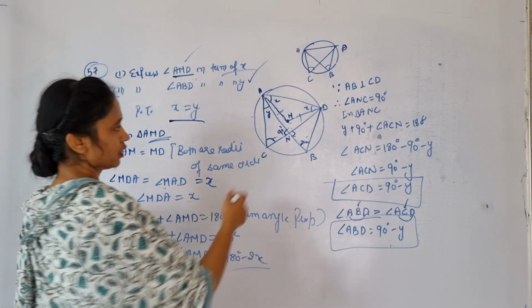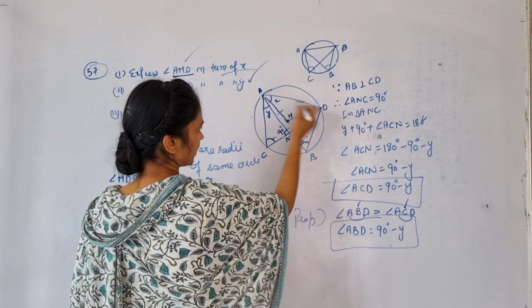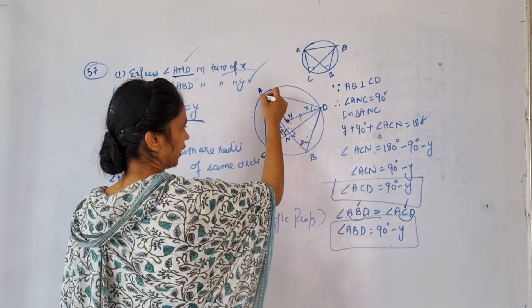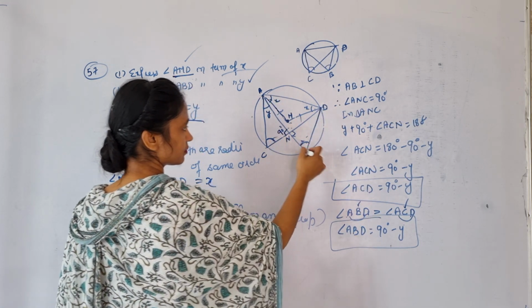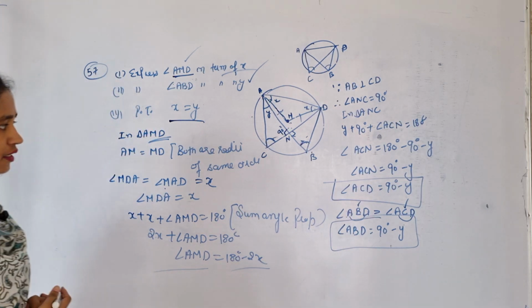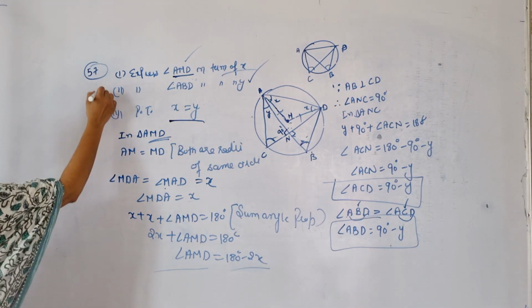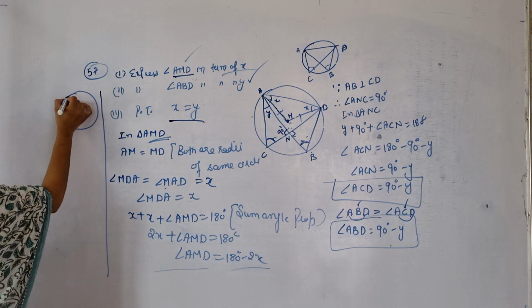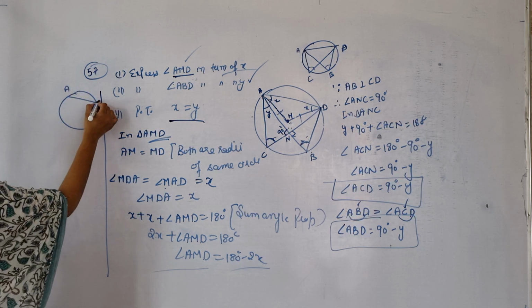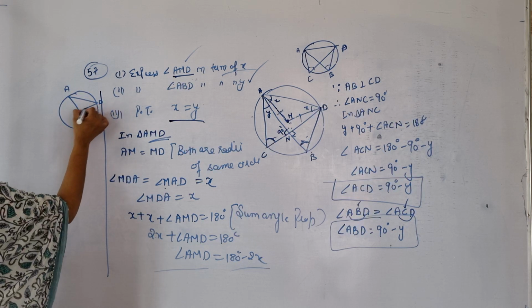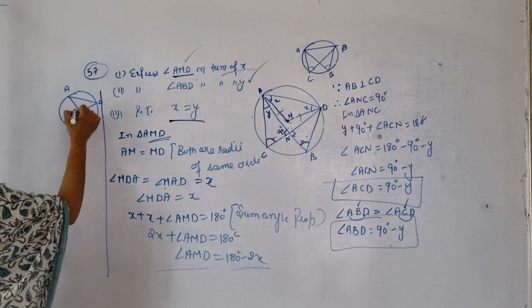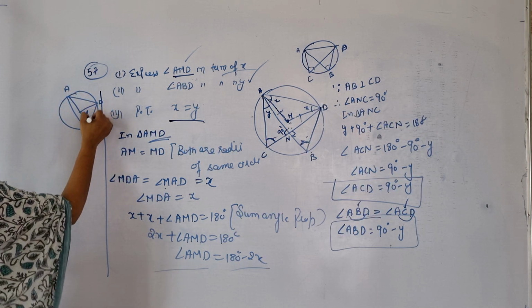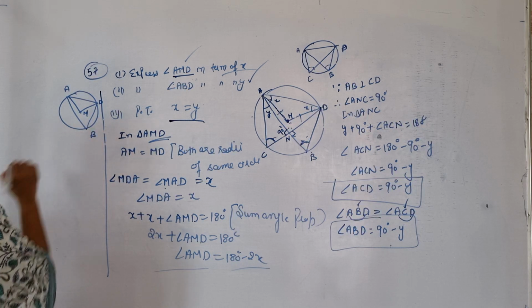Okay, so see, an angle is formed by AD at the center and an angle is formed by AD on the circumference of the circle. Focus on the AD chord. At the center, AD forms the angle M. On the remaining circumference, AD forms the angle B.